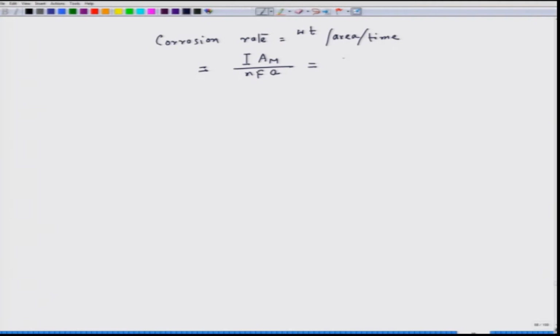Now, we can simplify this one: AM times I by A, divided by nF. I divided by A is written as small i, which is ampere per centimeter square, which is nothing but the current density.